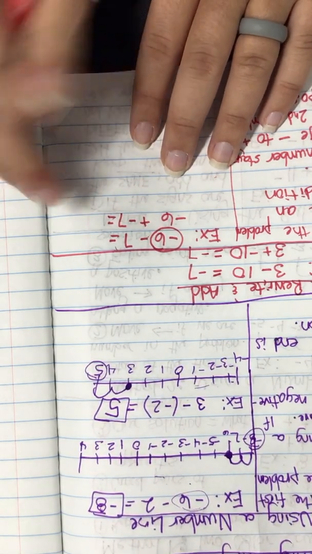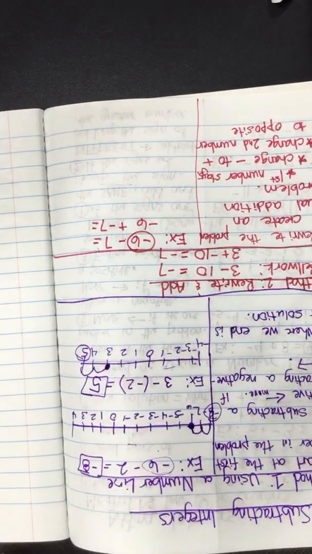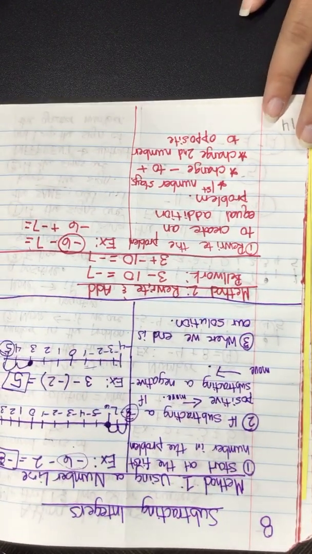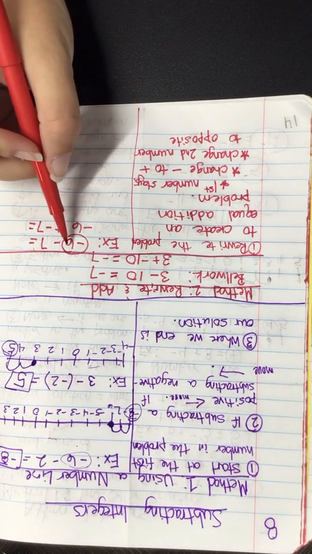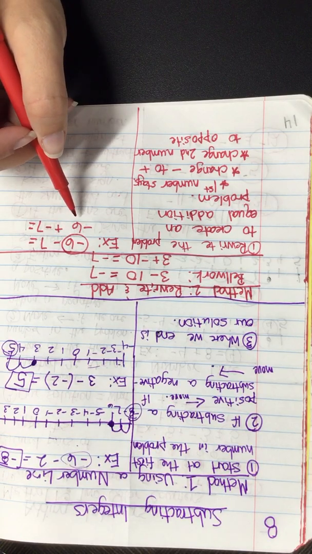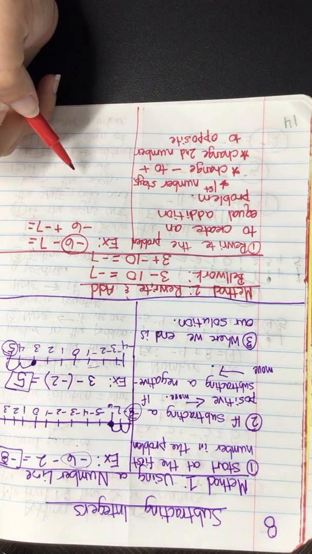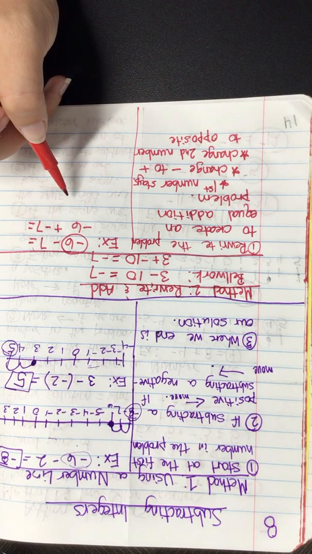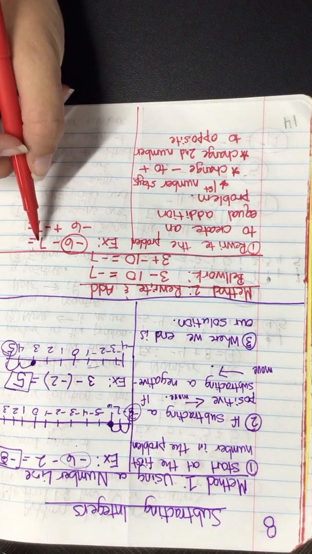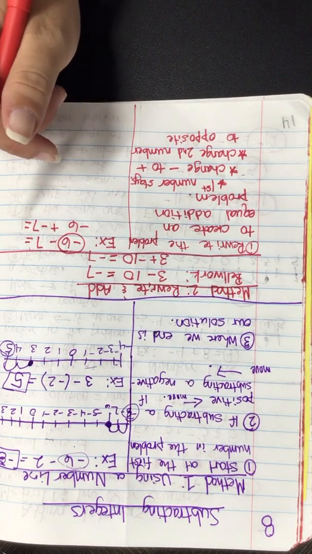Okay, so our very first step is to rewrite the problem to create an equal or equivalent addition problem. So our first number always stays the same. We leave it alone. Our subtraction sign becomes an addition sign, and our second number changes to its opposite. Okay? So positive 7 becomes negative 7.